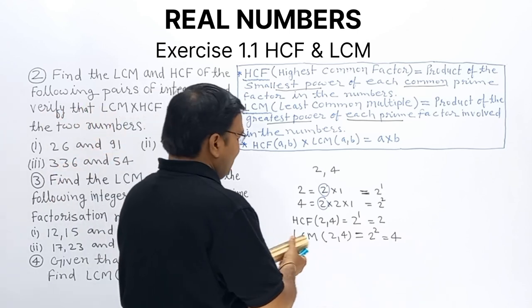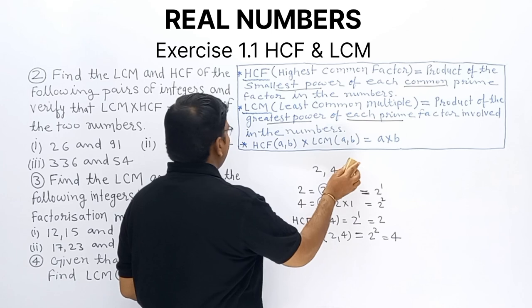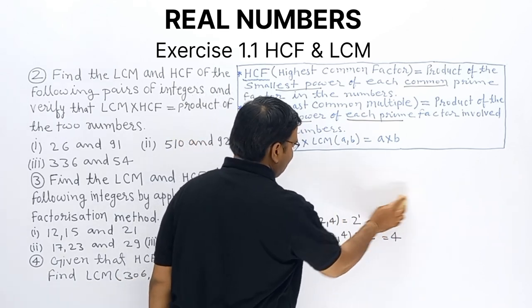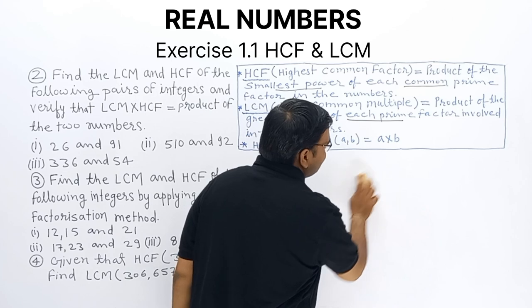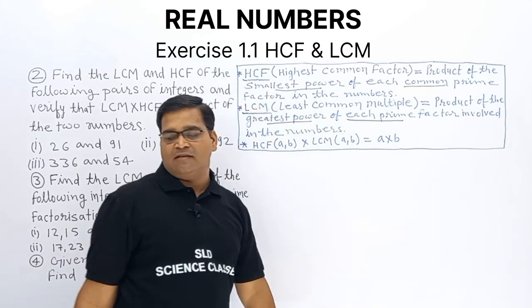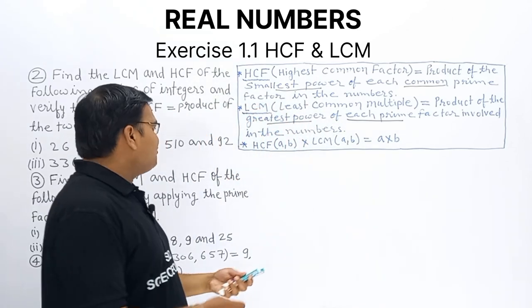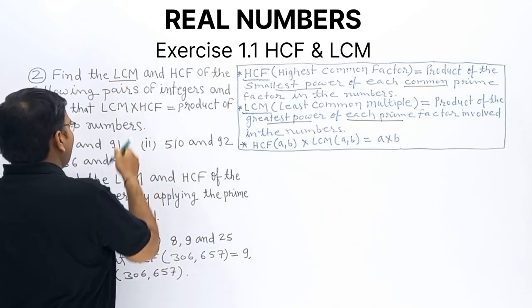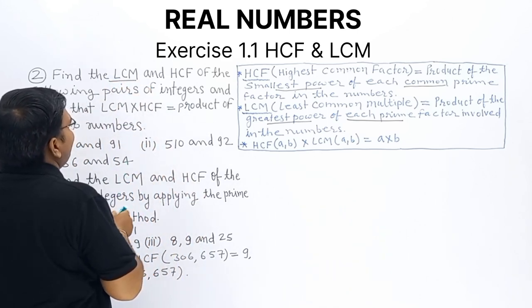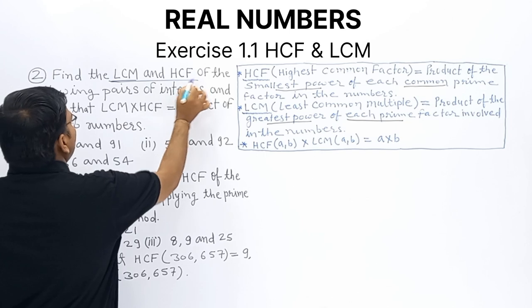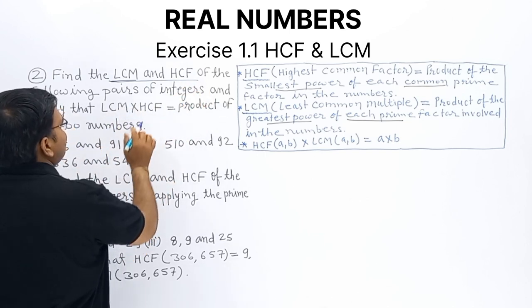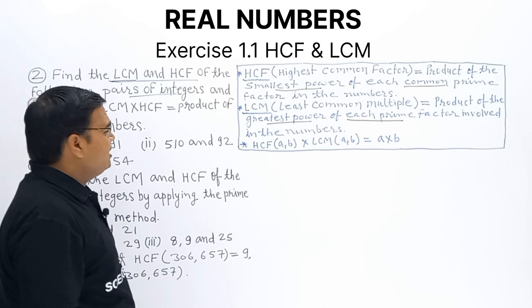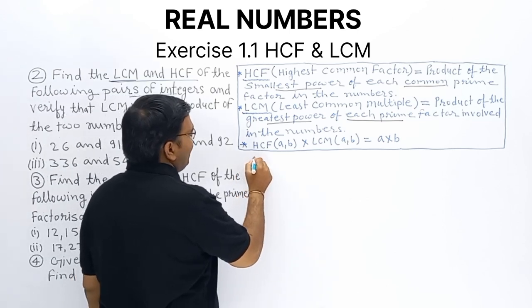In each pair we are having two integers, and we want the HCF and LCM. We want the LCM and HCF of the following numbers. They are in pairs, two numbers are given, and we want the HCF and LCM.